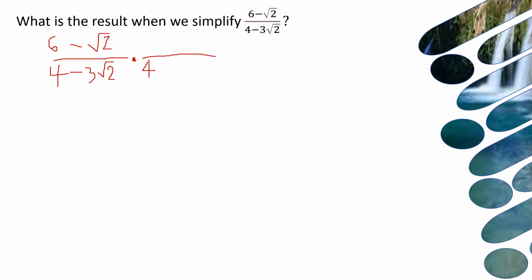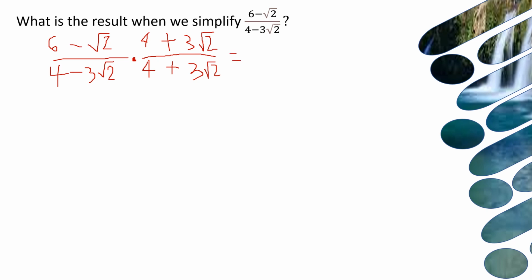Conjugates are radical expressions that, if we multiply them, will result in a rational expression. So the conjugate of 4 minus 3 square root of 2 is 4 plus 3 square root of 2. Then just copy on the numerator, that's 4 plus 3 square root of 2.